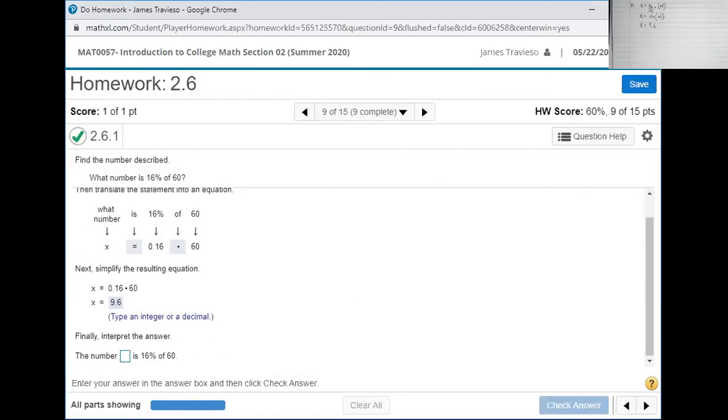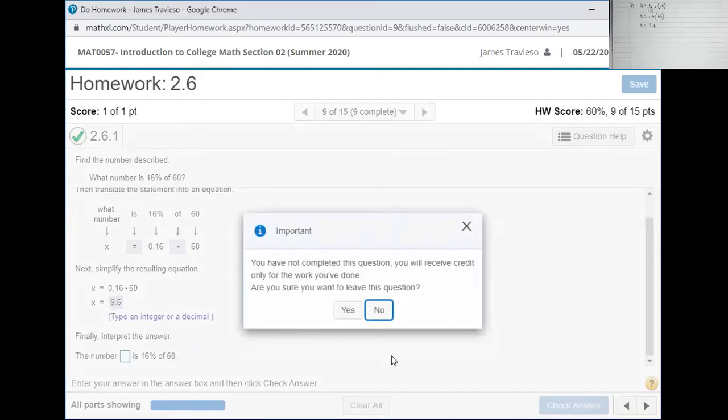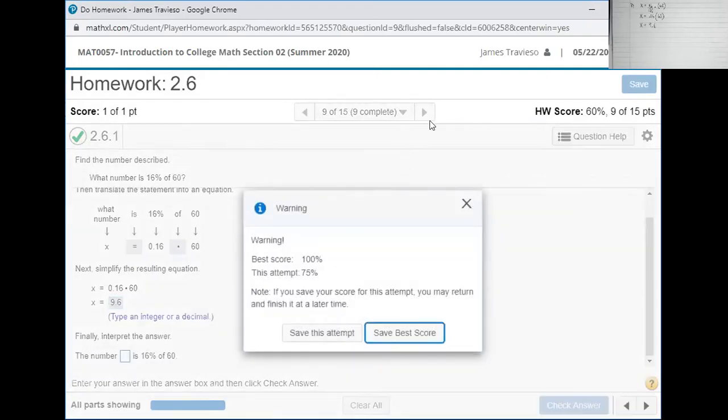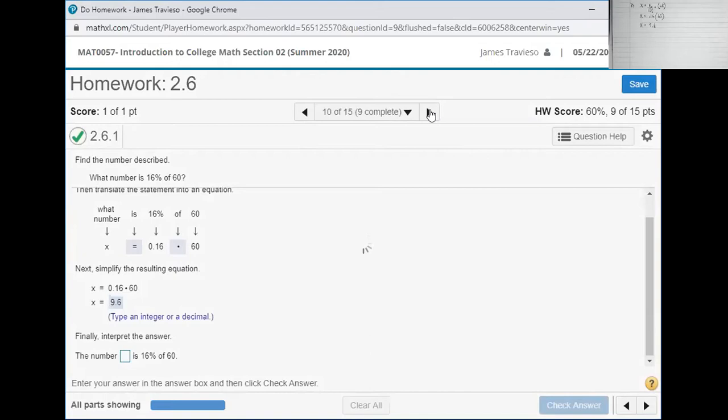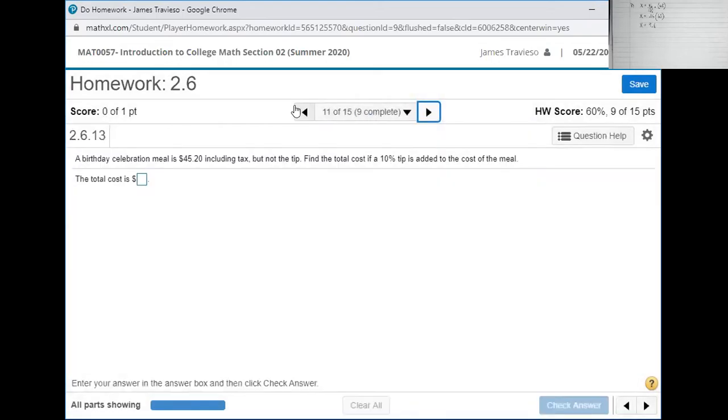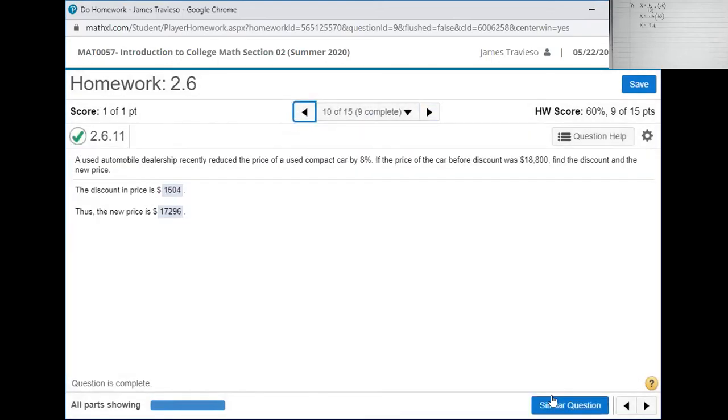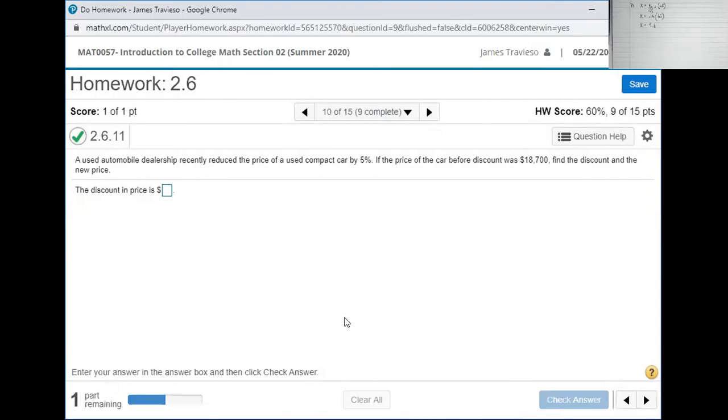So that was that first type of word problem. The next one I wanted to look at was one about the used car. Here it is. Let's do a similar question.